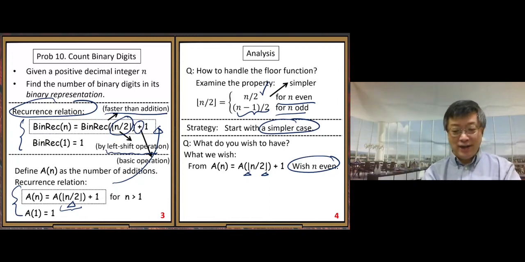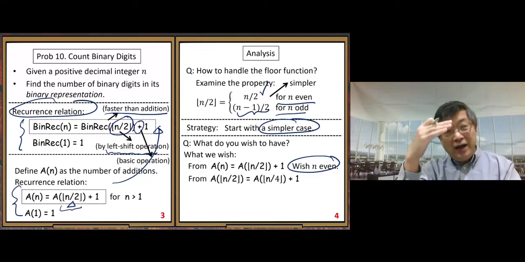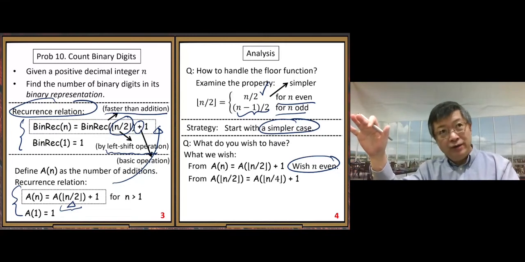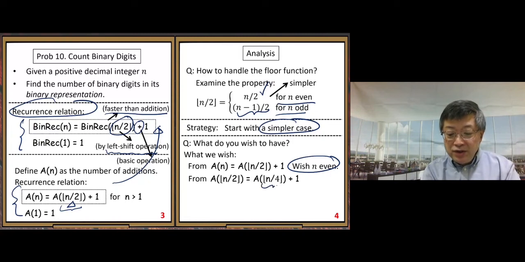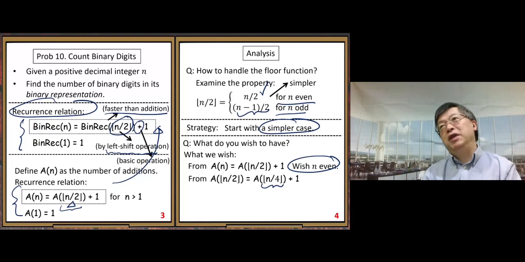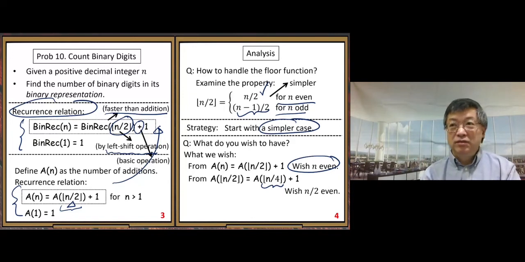After n is even, we apply the recurrence relation. We go to the next level, next formula. This time, you need to deal with another sticky floor function, right? Another case again. But this time, can we wish n over 2 also even? So we avoid the sticky situation.